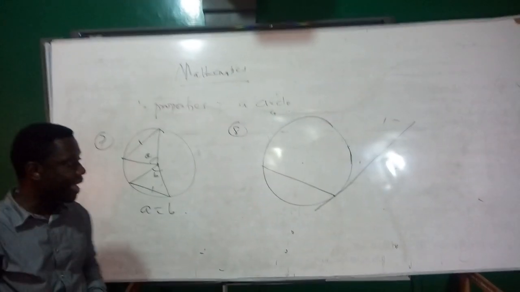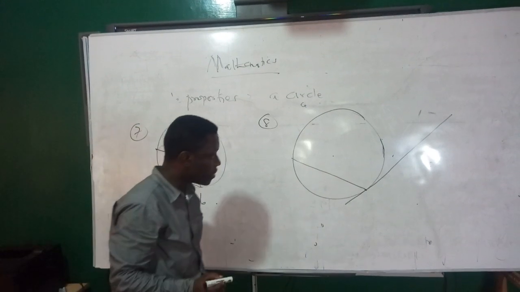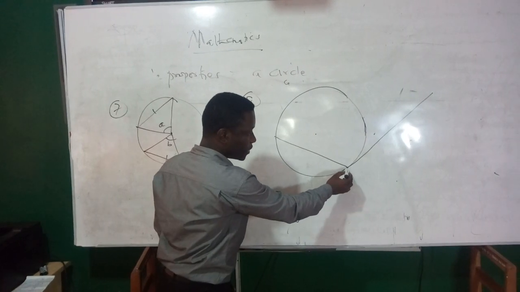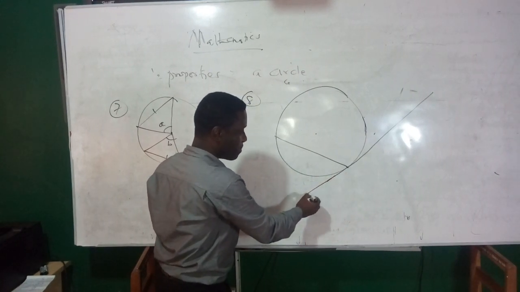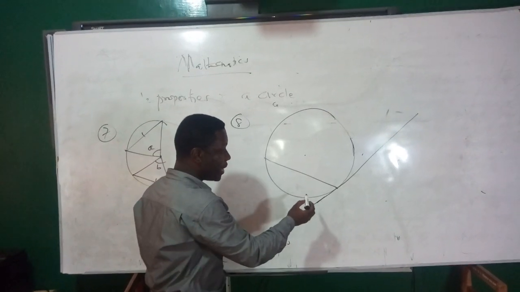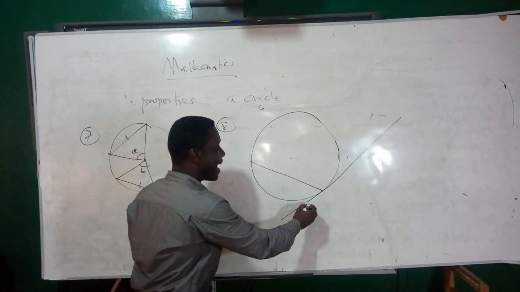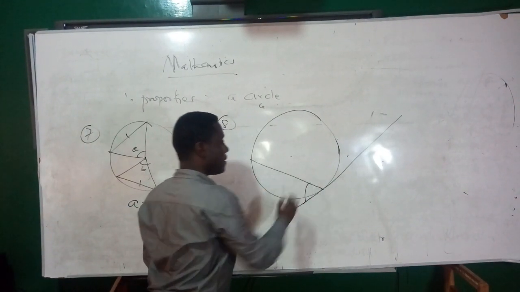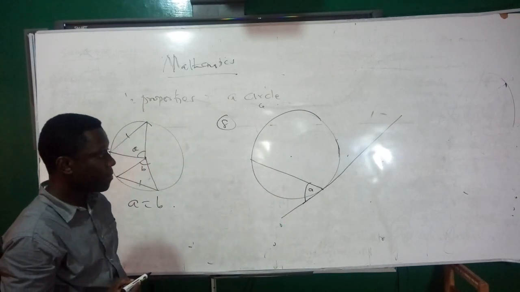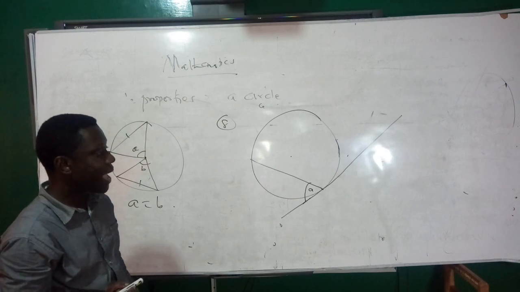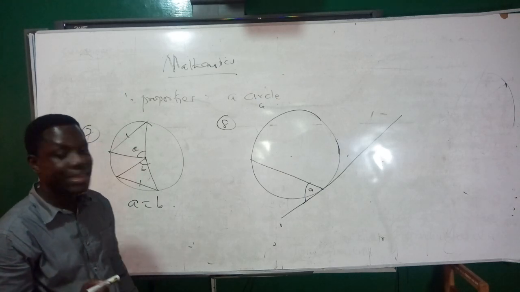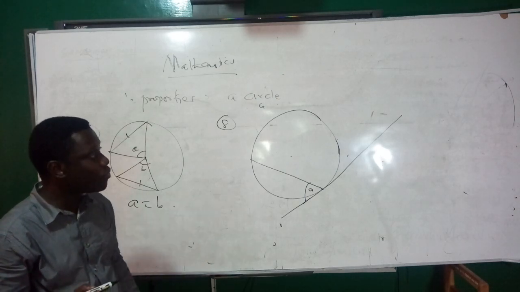Now, the property states that the angle formed by this tangent, let me pick it from this end, the angle formed between this tangent and the chord, in this case through this segment, this angle, should be equal to the angle subtended at the circumference by that same chord in the other segment.